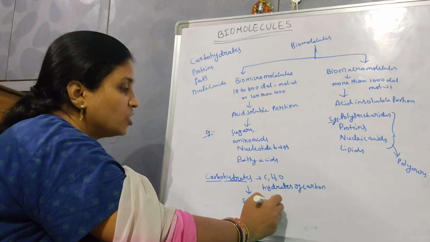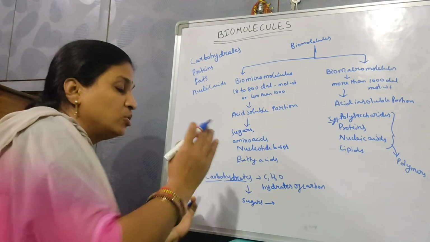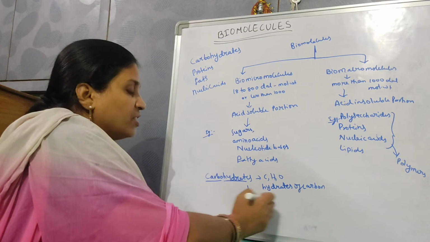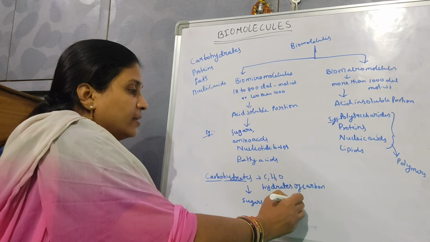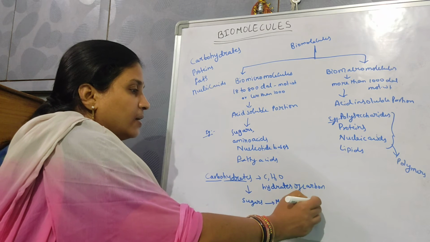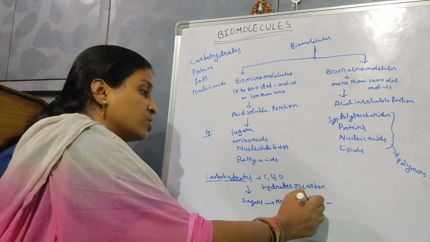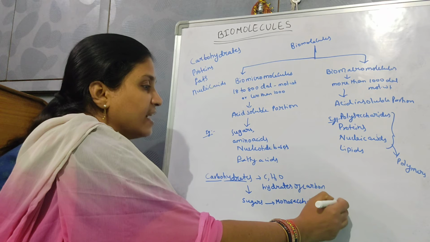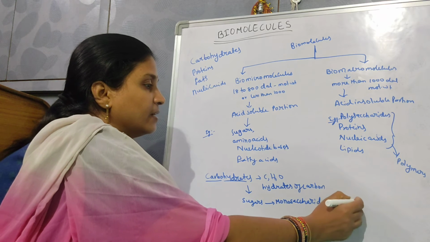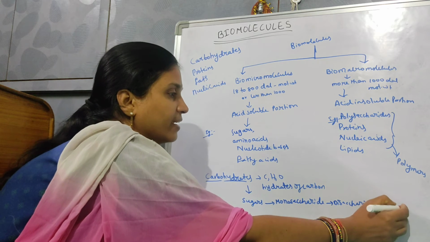When sugars combine, if it is a single one, it is a monosaccharide. If two saccharides are combined, it forms a disaccharide. The disaccharide will form into polysaccharide.